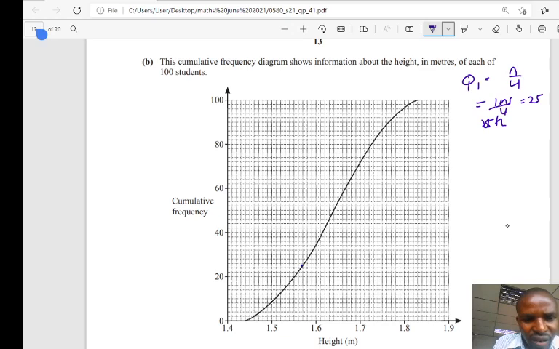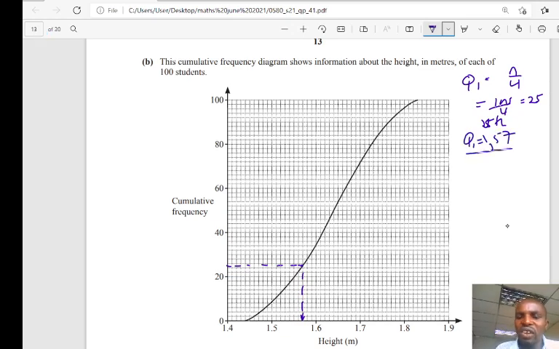Supposed to be somewhere here. You come with a ruler. Then the value that will be here is the lower quartile. It's 1.5, 1, 2, 3, 4, 5, 6, 7. So it's 1.57. That's Q1.